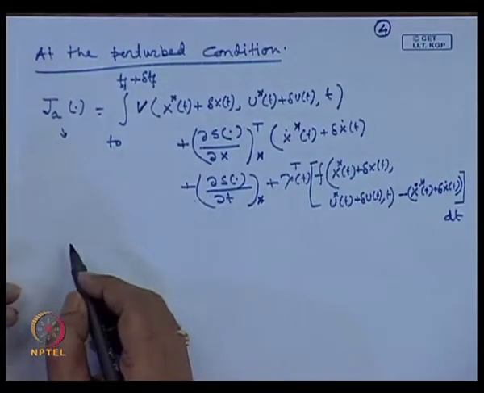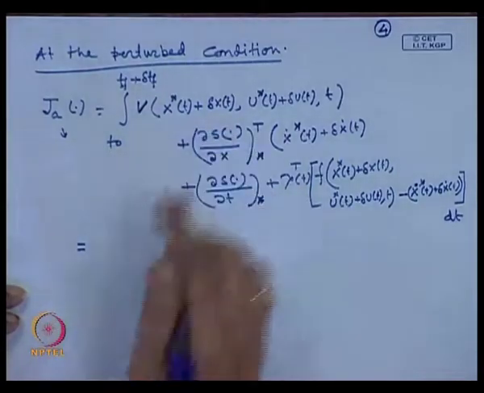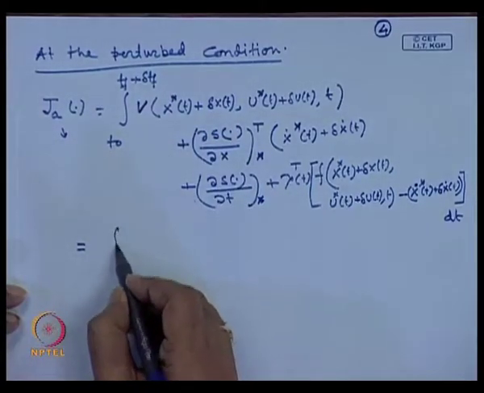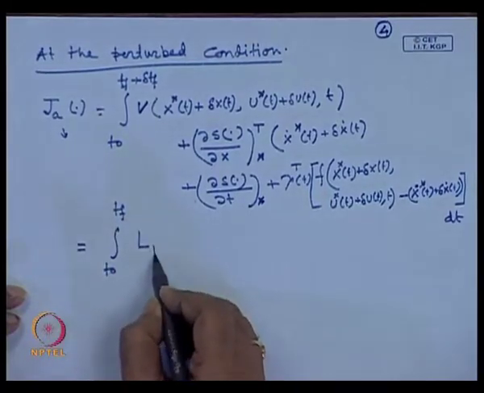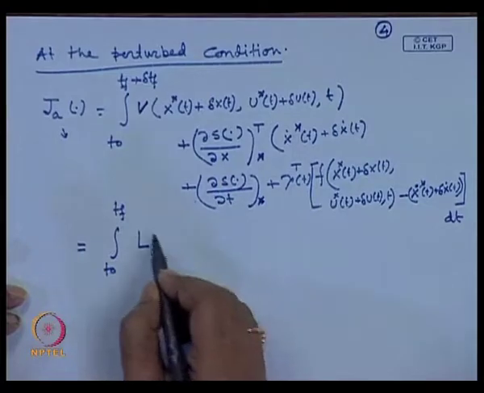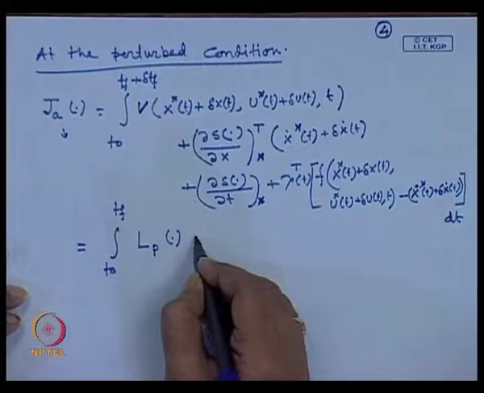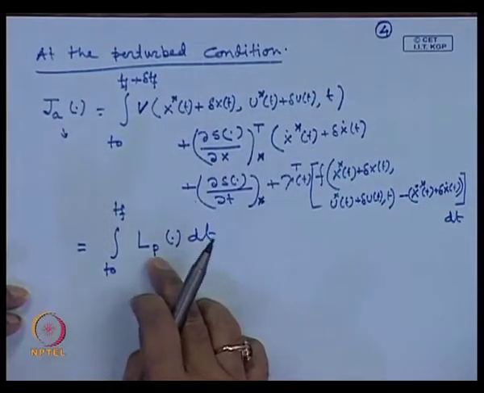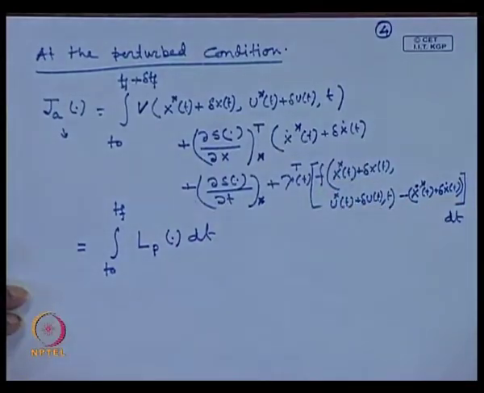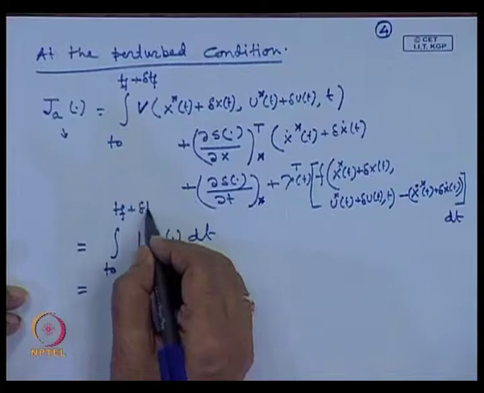One can find out this is nothing but, I can write it as the integral from t 0 to t f of L p dot of t dt. Here L p means the perturbed functional; p stands for perturbed, and the whole thing is this. So, I can write it equal to, mind it, delta t f.